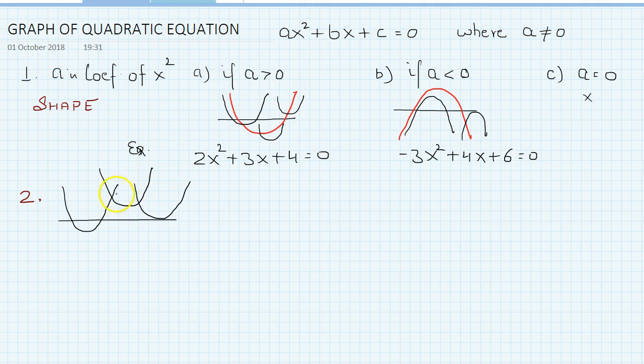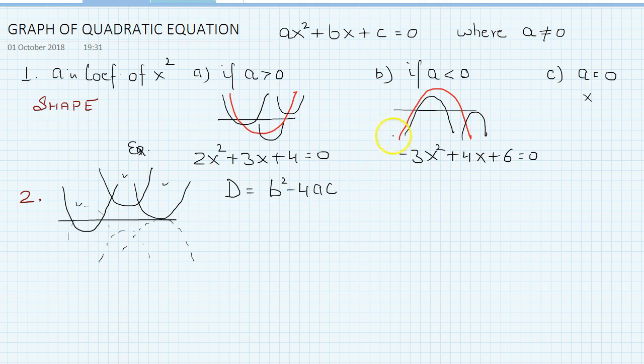And for a negative, it's like this or this. Now how to find this? Whether the graph is of first type, second type or third type. For this we are going to use the discriminant. As I told you in an earlier topic, discriminant is b square minus 4ac.